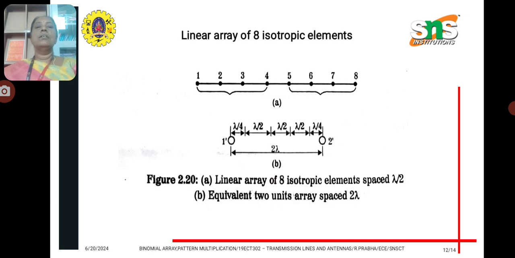For getting the group pattern, the first 4 antenna elements are considered as one group and kept in the middle, between antennas 2 and 3. Similarly antennas 5, 6, 7, 8 are considered as another unit and kept in the midway between 6 and 7. Now the distance between 1 dash and 2 dash is calculated, and the total distance is 2 lambda.